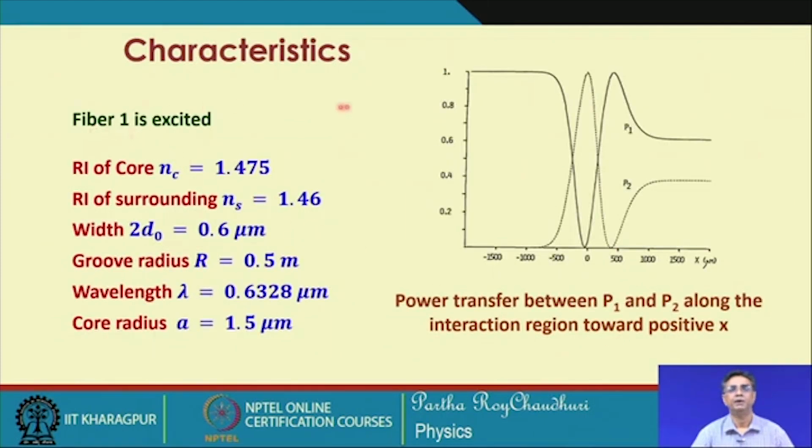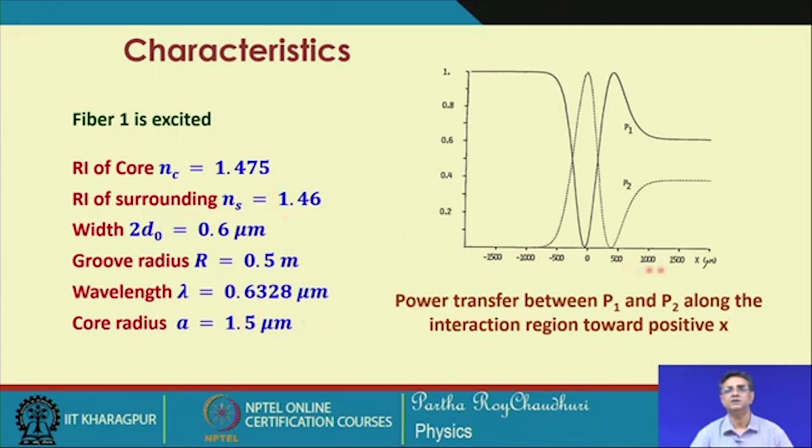So, if you have one fiber which is excited with power, with this core refractive index and this cladding. These are the typical practical values which are used: 2d_0 equal to 0.6 micrometer, groove radius about 0.5 meter, and wavelength is the helium neon laser wavelength. Core radius of the fiber is 1.5.